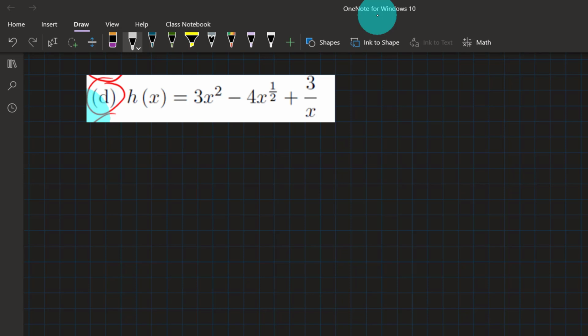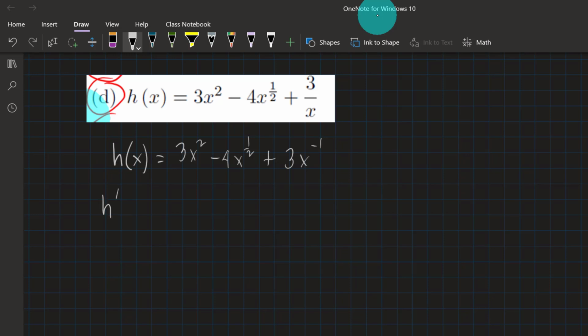So, i-rewrite muna natin siya: 3x squared minus 4x raised to 1 half plus 3x raised to negative 1. O, diba? So, pwede na natin gamitin yung power rule.